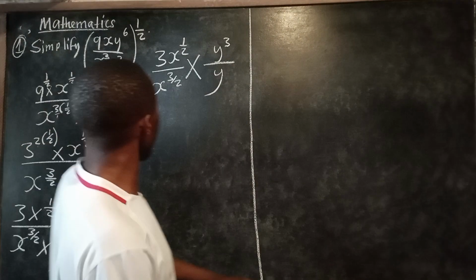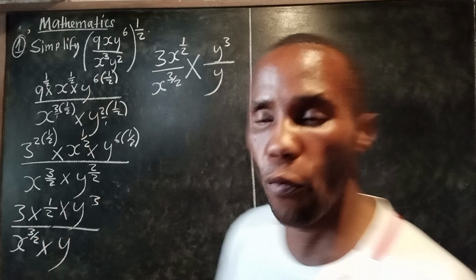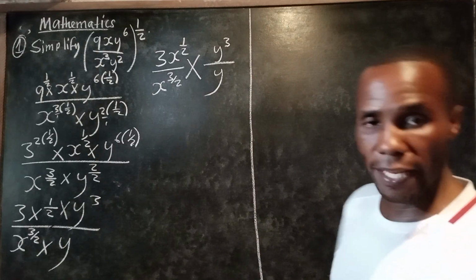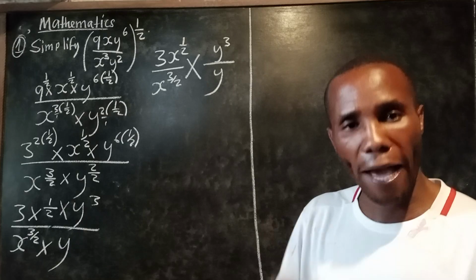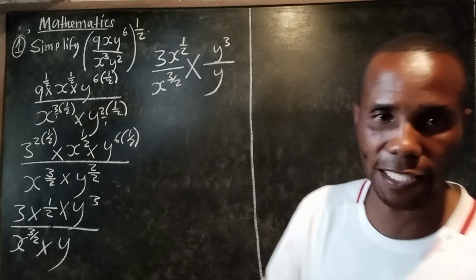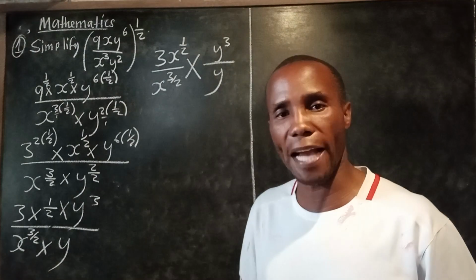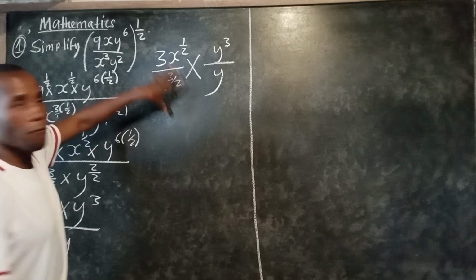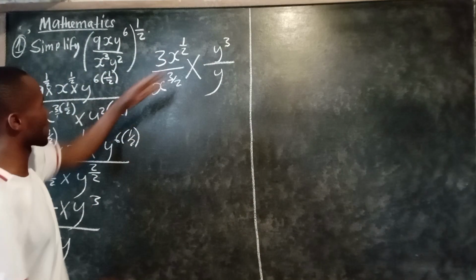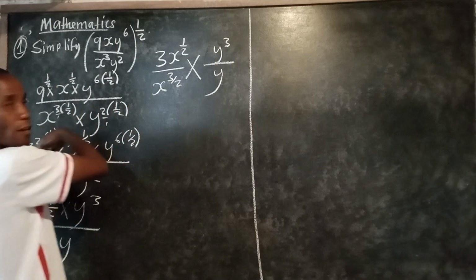Okay. Now from there we have a rule in indices that states that when we are dividing numbers of the same base, you have to subtract the powers. So when you look at this one, they are the same base, x. So you say the 3 will be outside.